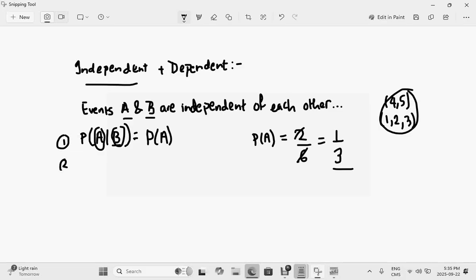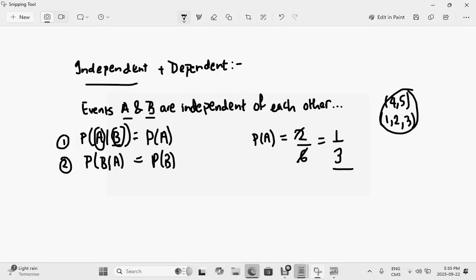The other condition, and it could be either one of these two conditions for these two events to be independent, is P(B conditional A). So P(B|A) equals P(B).